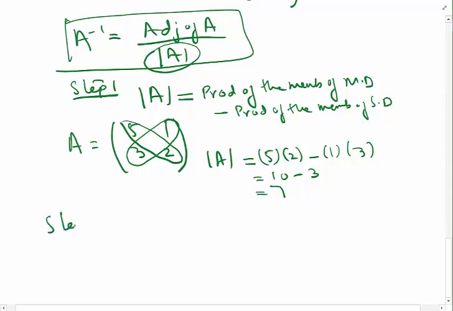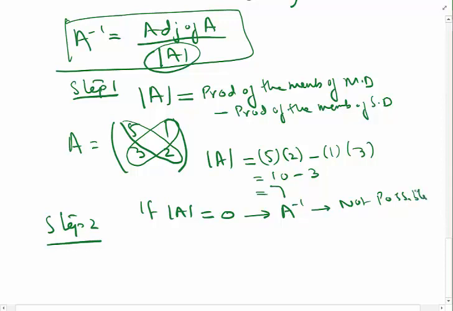Alright, step 2. One thing before starting step number 2: if the determinant of a matrix is equal to 0, then since the determinant is in the denominator in the inverse formula, and anything divided by 0 is infinity, we can say the inverse of that particular matrix is not possible.